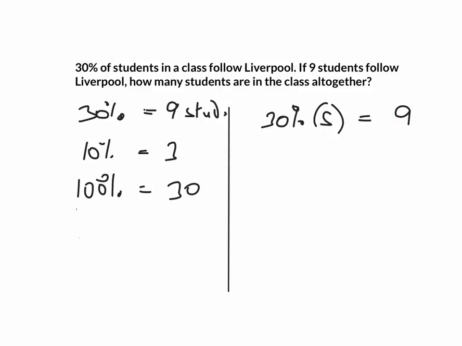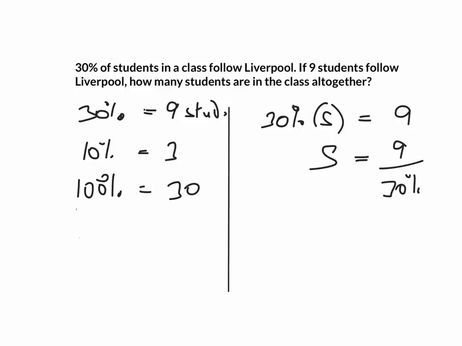So we can make that equation, and then of course we can use the laws of equations to solve this. So we can leave the variable on its own here and bring the 30% across. Now the 30% on the left-hand side was multiplying s. So when you bring it across, you have to do the opposite of multiplying, which is divide. So you're going to be left with 9 over 30%.